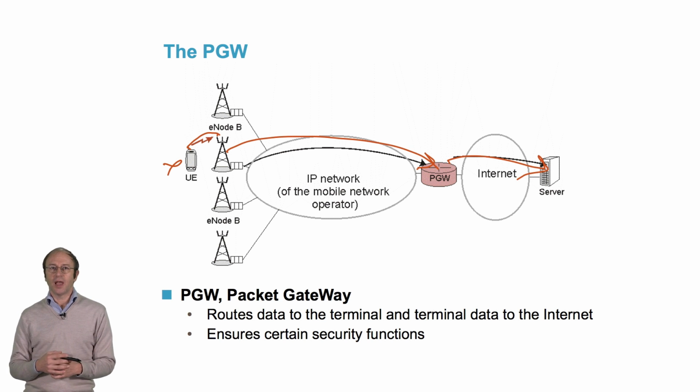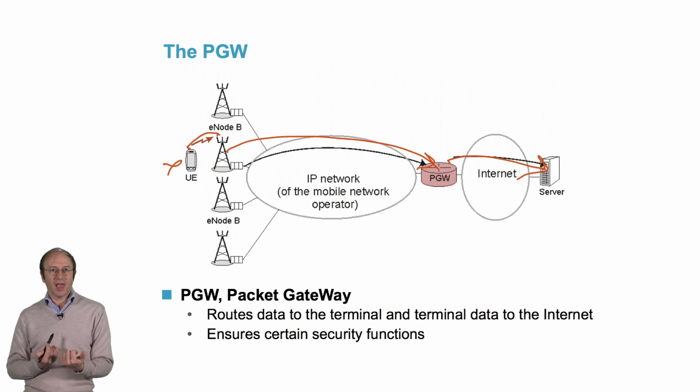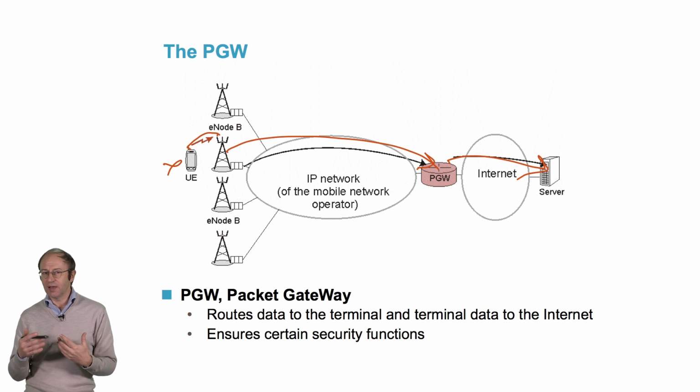If we have a network with a large number of subscribers, like in China, there can be several P gateways because one P gateway does not have enough capacity to manage all packets. Several P gateways can also be necessary to have redundancy and ensure reliability. However, P gateways are always limited in number.